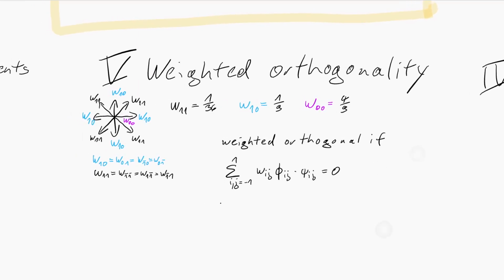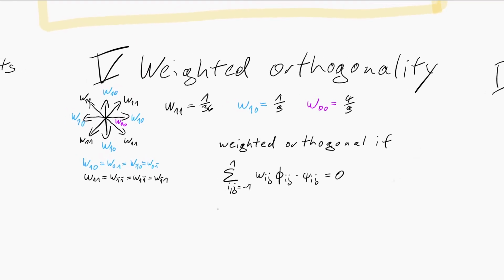Turns out that this is not the only option to make these moments orthogonal. There is another way to make moments orthogonal, and this is by considering the lattice weights.